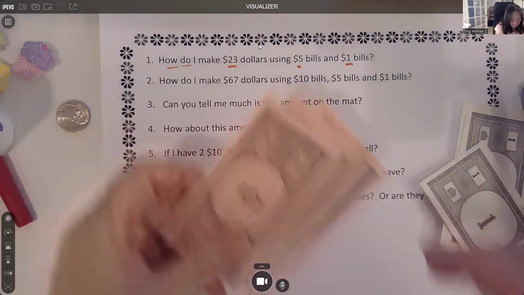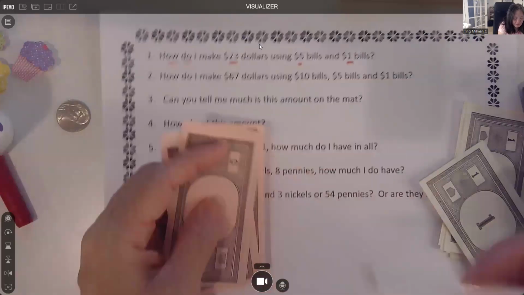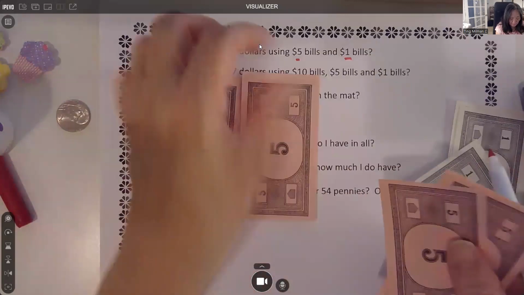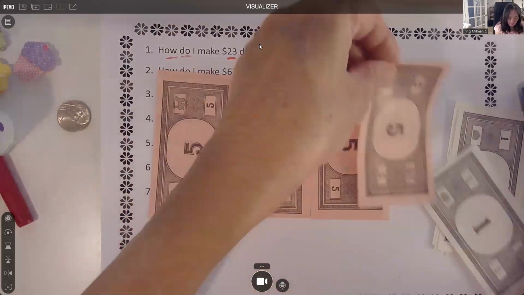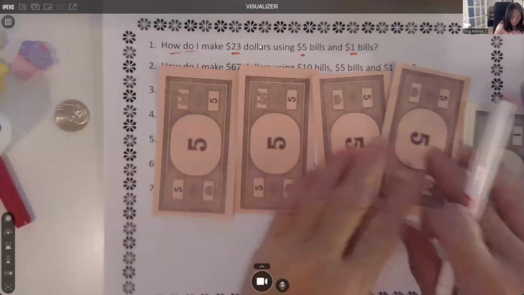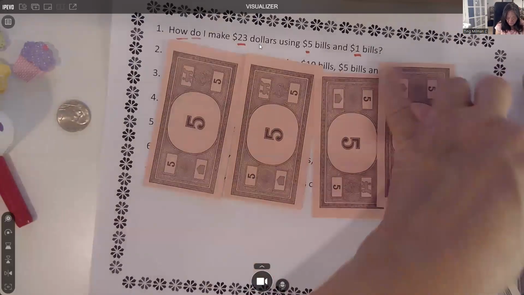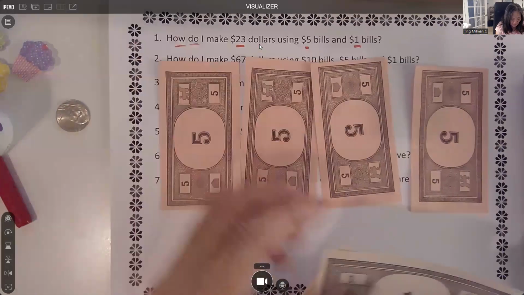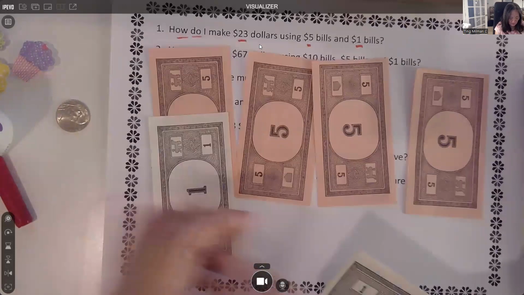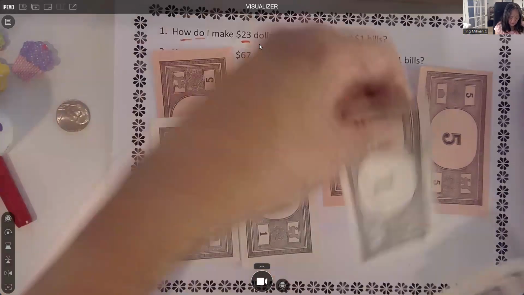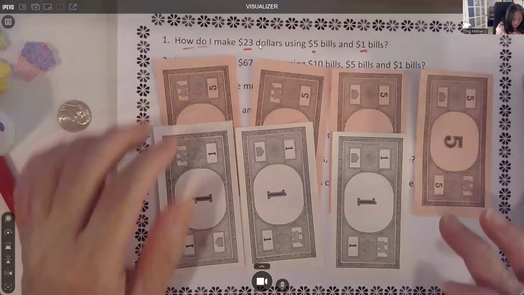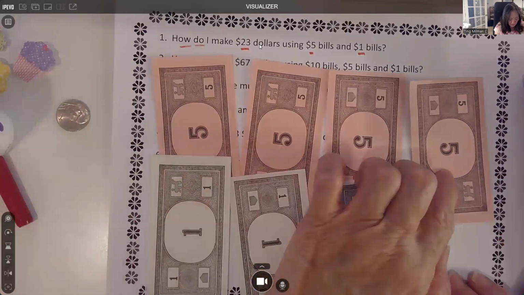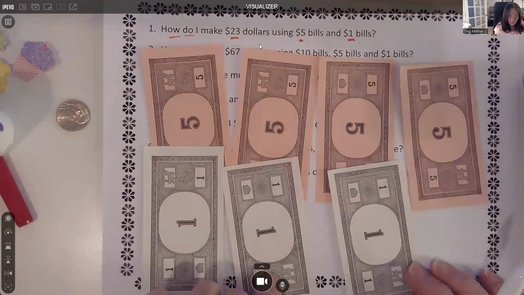So first of all, we start counting by fives. 5, 10, 15, 20, and then we pause. And then we take out the $1 bills. We have 1, 2, and 3. So here we go. We have 5, 10, 15, 20, 21, 22, 23.